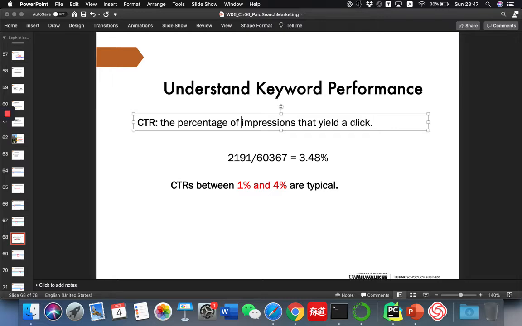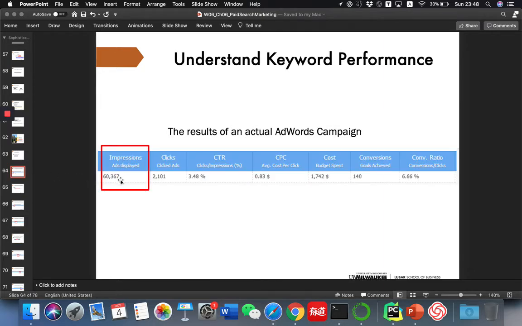CTR means the percentage of impressions that result in a click. So for every click, how many impressions should be displayed? For instance, here, why does CTR equal 3.48%? Because we have more than 60,000 impressions and 2,101 clicks.